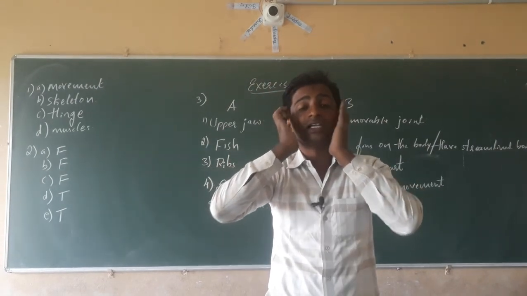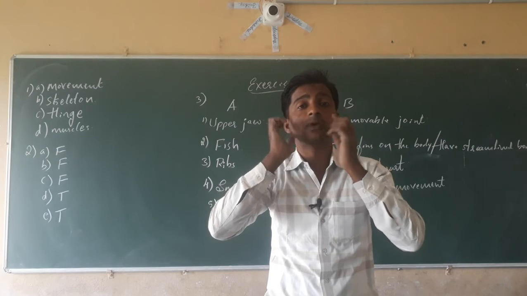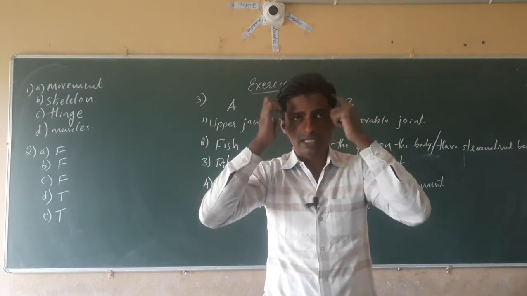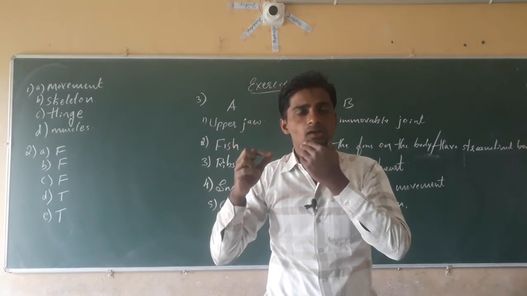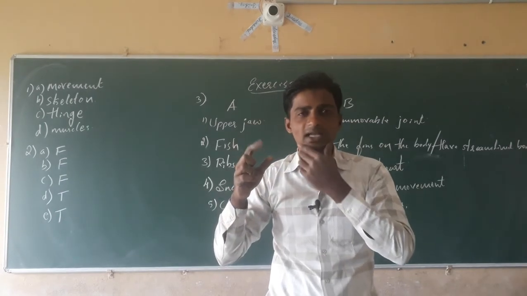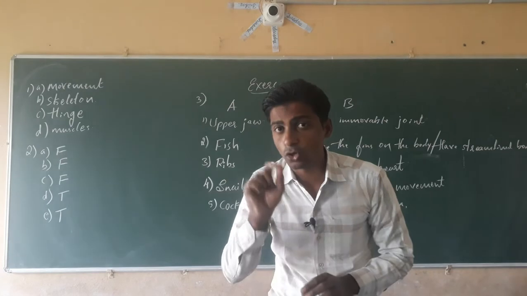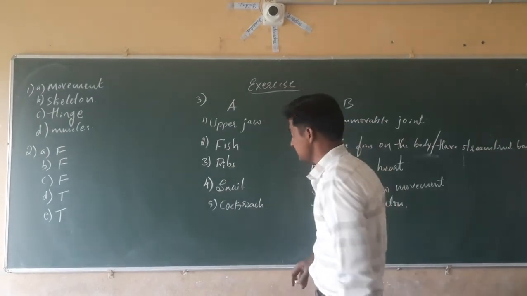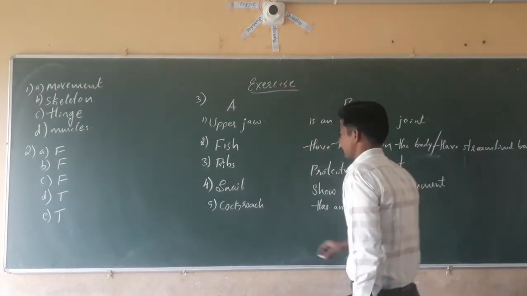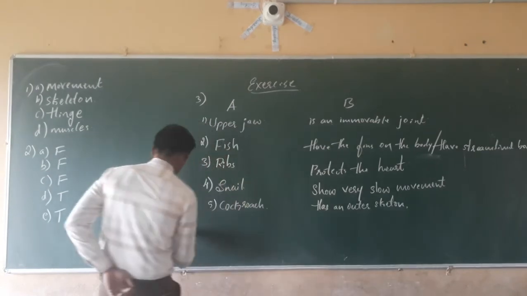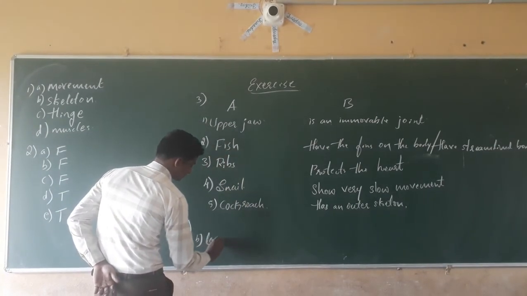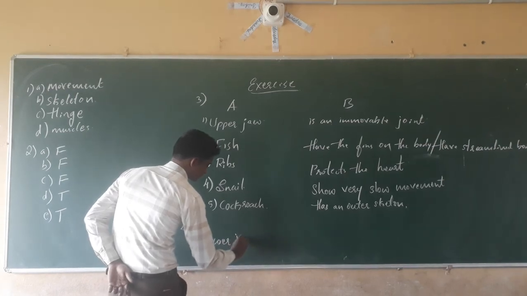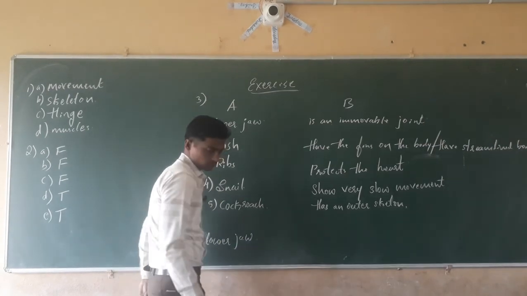Which part of the skull bone is movable? This one is not movable. Head is also, inside this one it will not move. Only the lower jaw is movable. The answer is lower jaw. That is fourth question, B one, lower jaw. Yes, lower jaw.